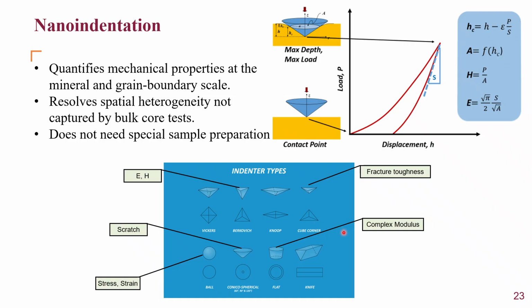You can calculate complex modulus when you use the flat indenter. The conical spherical indenter can give you an idea of scratch resistance. The ball indenter is used to calculate stress-strain, and the Berkovich indenter, which is shown here, is used to calculate Young's modulus and hardness of the rock.